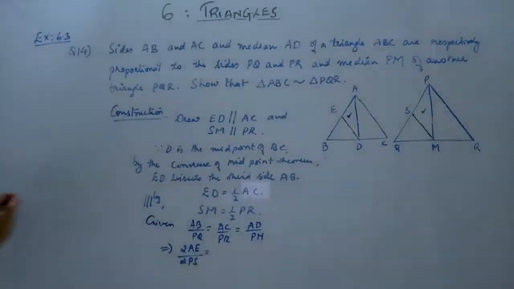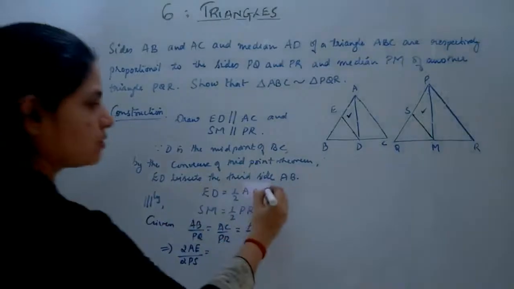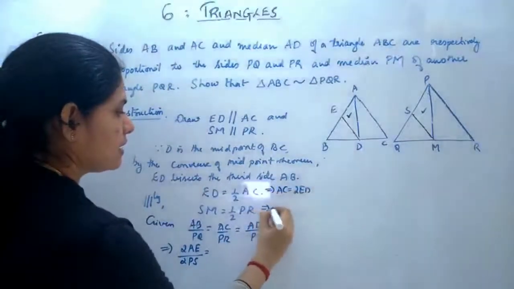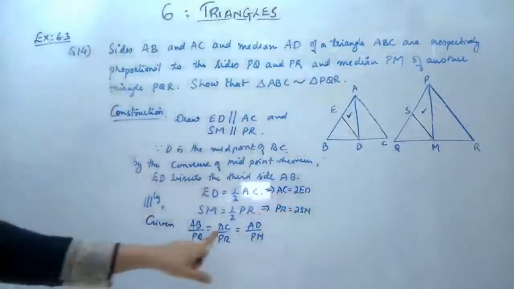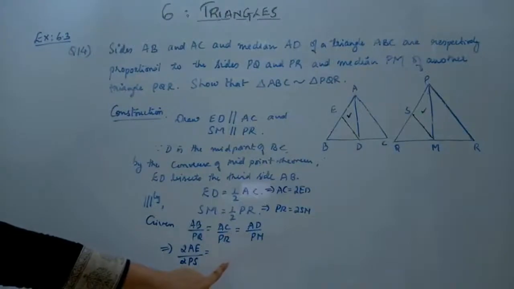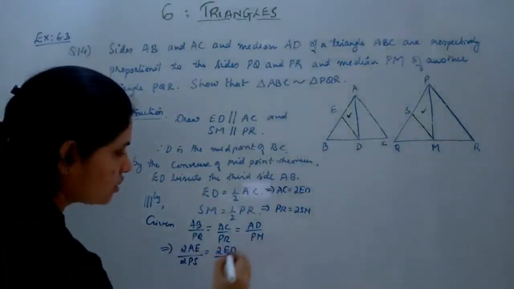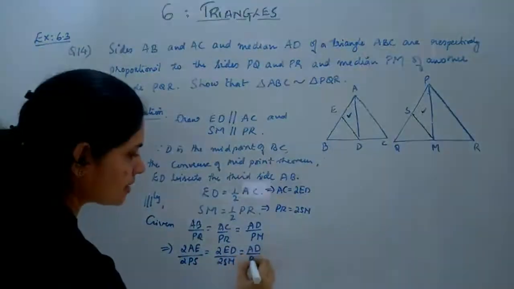Equal to, again AC can be written as 2ED, and PR is 2SM. So we are replacing AC and PR with 2ED by 2SM, is equal to AD by PM, written as such.